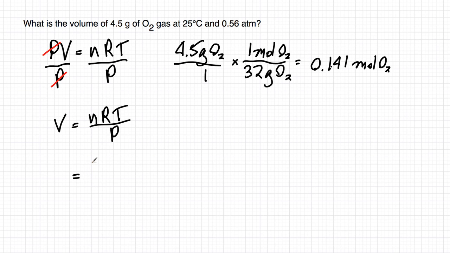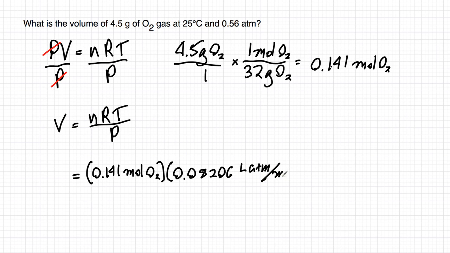Okay, now I'm ready to plug everything in. And so for my first term in, I have 0.141, that's moles of O2. And the gas law constant, of course, is 0.08206. That's liter atmospheres per mole degree Kelvin.